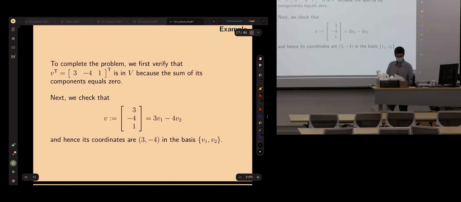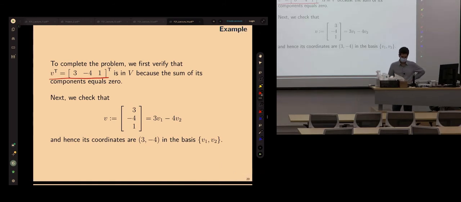Now, the coordinates that you see in V, those are in the standard basis. What you see here, be careful, this is in the standard basis. The question is asking its coordinates with respect to the basis V1 and V2, right? To find the coordinates of V in the new basis, V1 and V2, we need to write it as a linear combination of these two vectors.